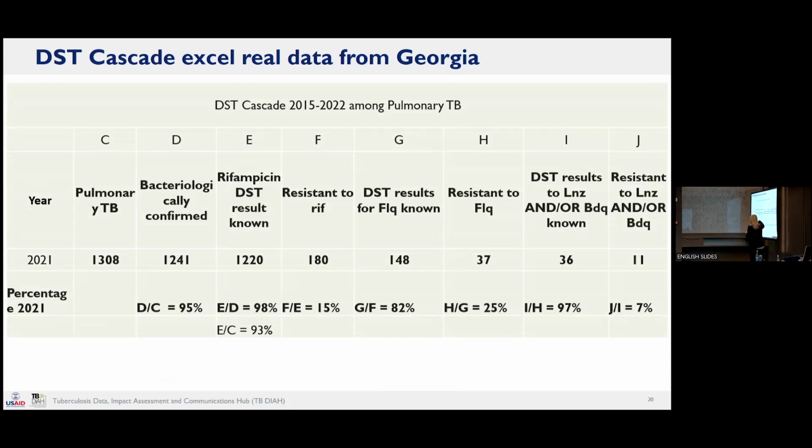Those who were rifampicin resistant, how many had resistance to fluoroquinolone, and how many are resistant to bedaquiline and linezolid, and how many of them were XDR.